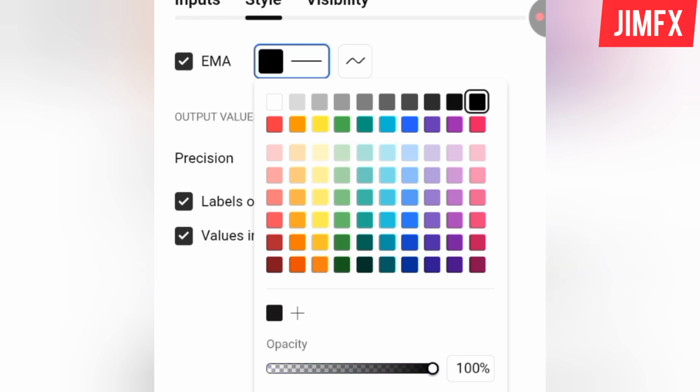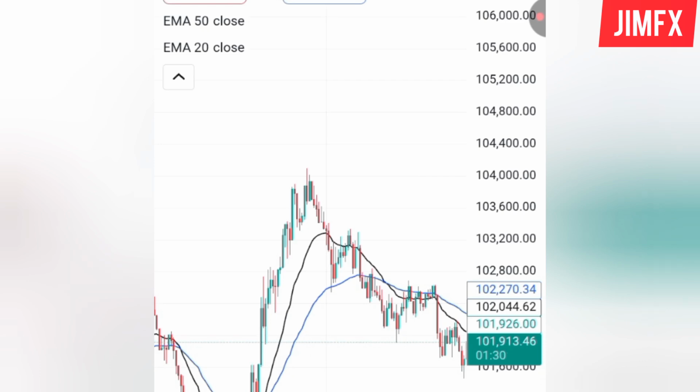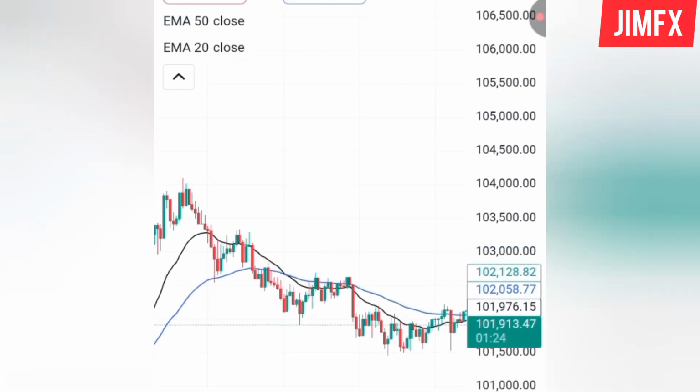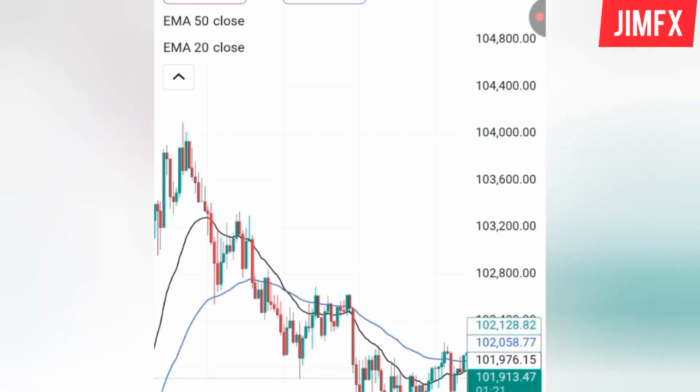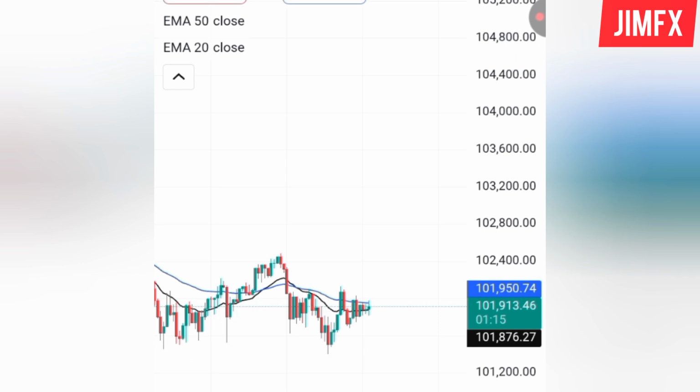Yes, this one you can put it to black. Okay, so you can see this blue one, it is the 50 exponential, and the black one is the 20 exponential moving average. Okay, so after adding that, we shall always mark our structure, order blocks, or fair value gap.